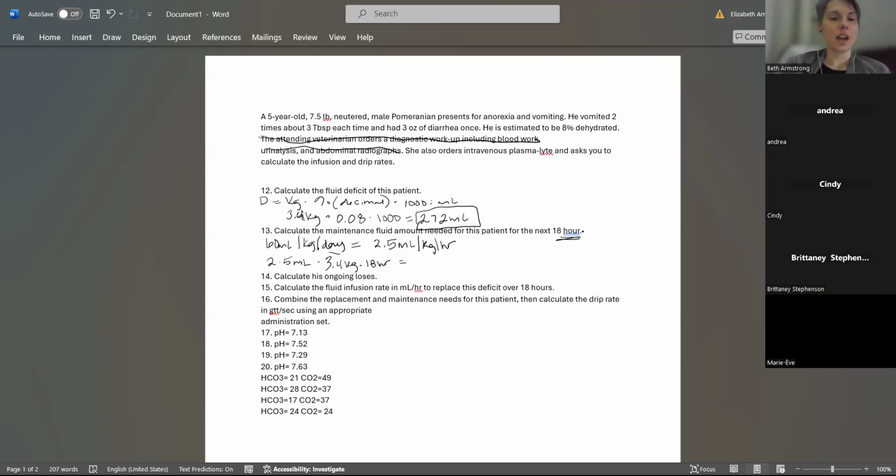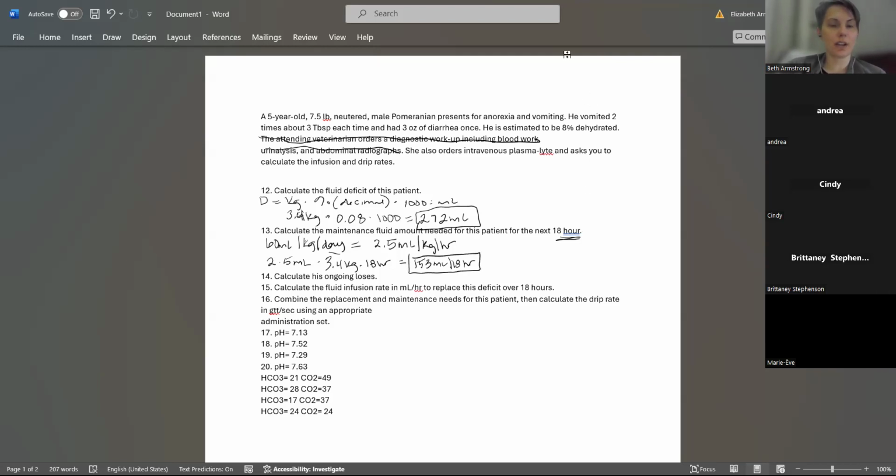Now, what do we get for our total amount? 2.5 times 3.4 times 18 hours. 153. Good. So 153 mLs per 18 hours. Okay. So that's our second answer that we're going to need.